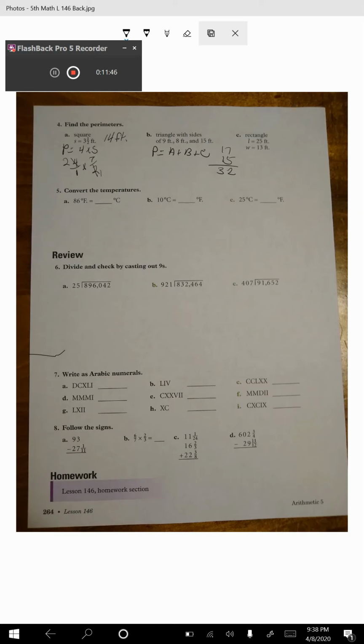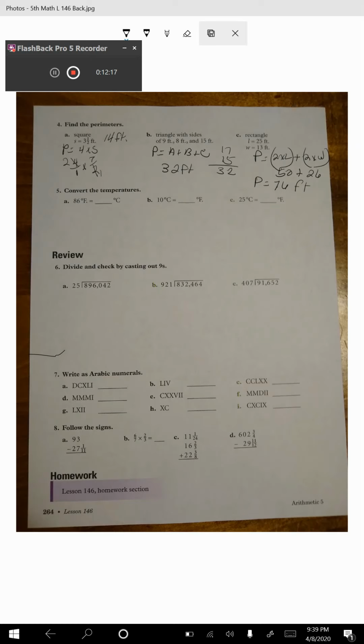We're good. 32 feet. And then rectangle, perimeter equals 2 times the length plus 2 times the width. 2 times 25 is 50. 2 times 13, 26. So the perimeter equals 76 feet.